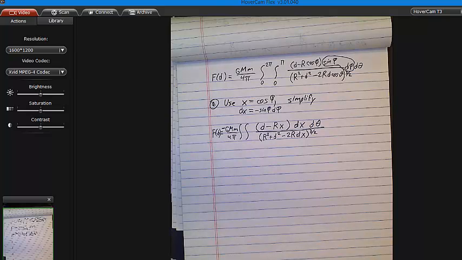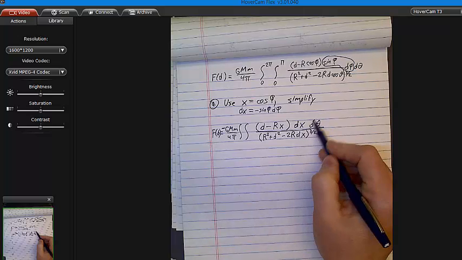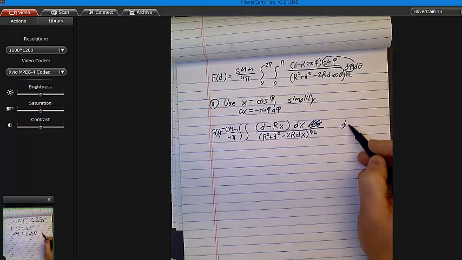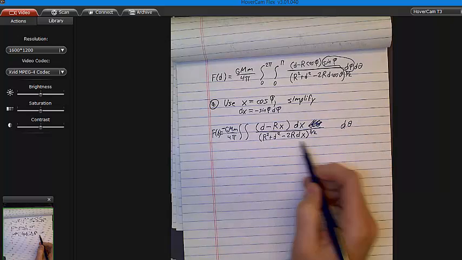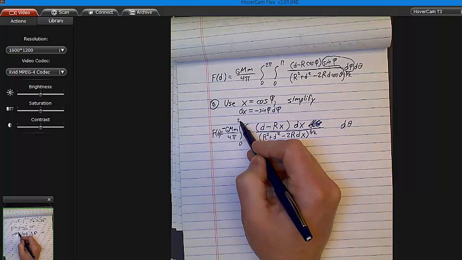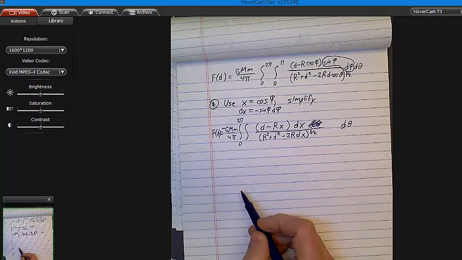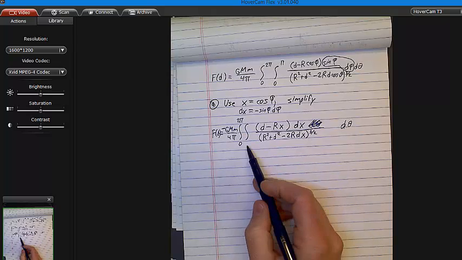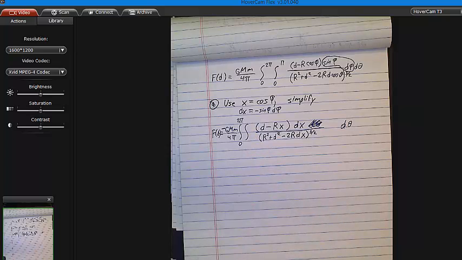I claim it did. Matter of fact, let's see if we can change some things. Theta is the last integral, right? The outermost. And it was ranging from 0 to 2 pi. I'm going to deal with that first, actually, in this problem, which is kind of interesting. And now the inner one, oh, wait a minute. That needs to be changed because it was 0 to pi.